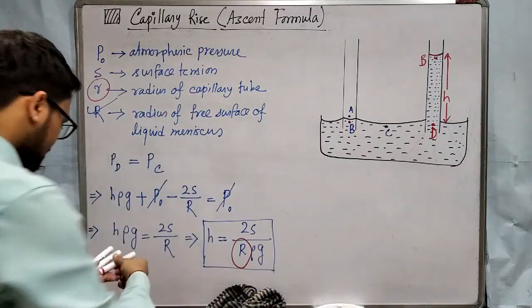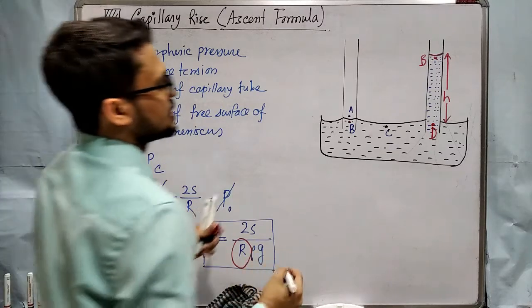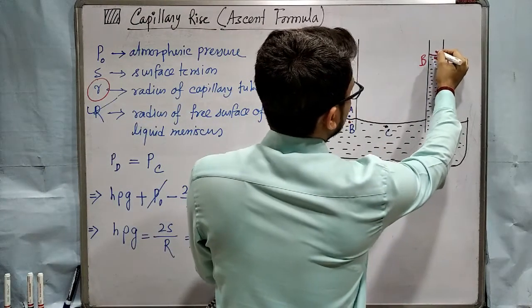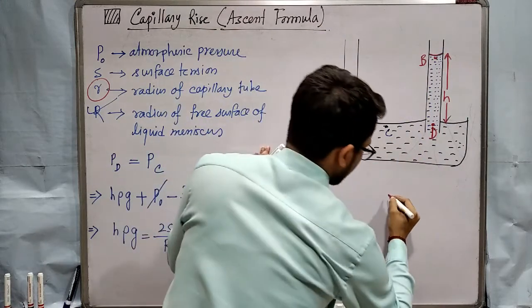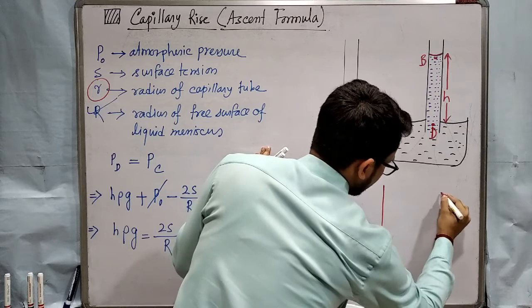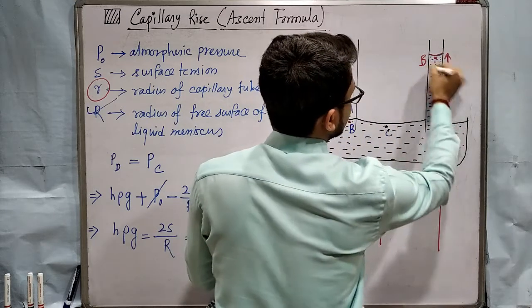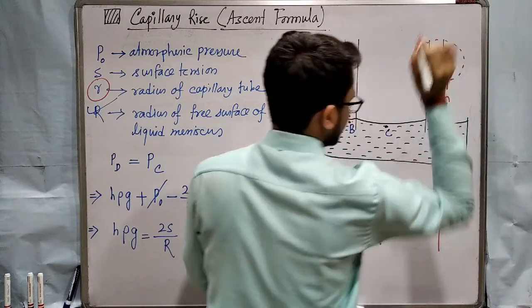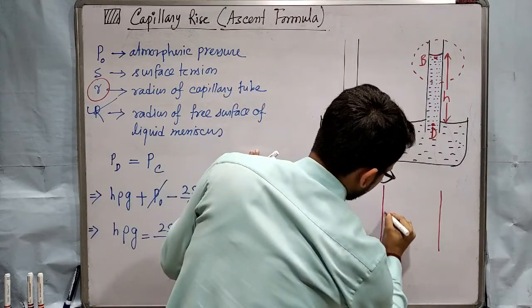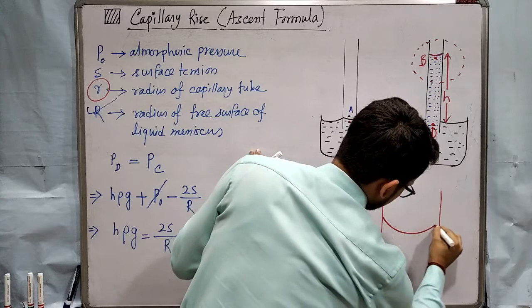If we draw a magnified image of this portion, look here, this is the magnified image of only this portion. It will look like this. Clear?